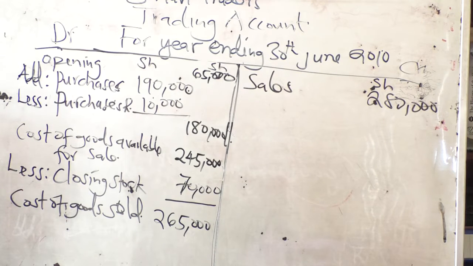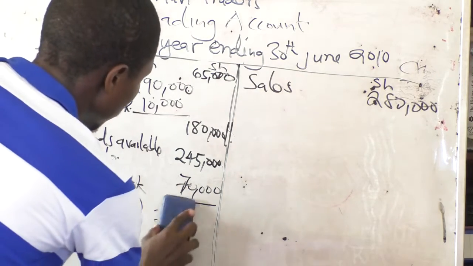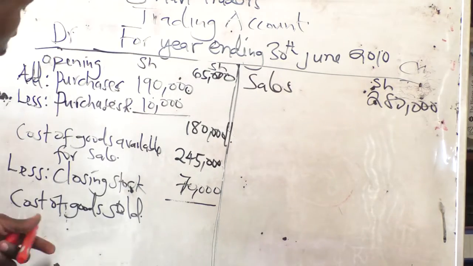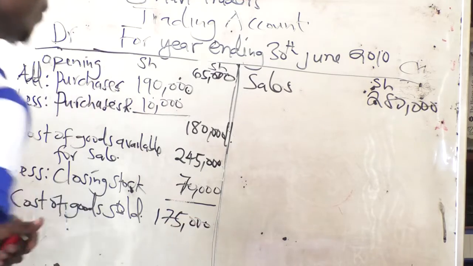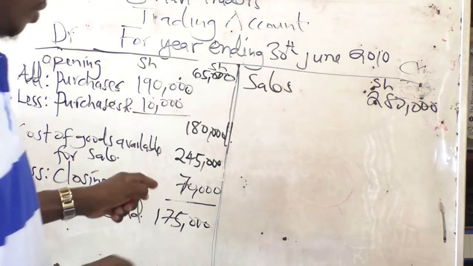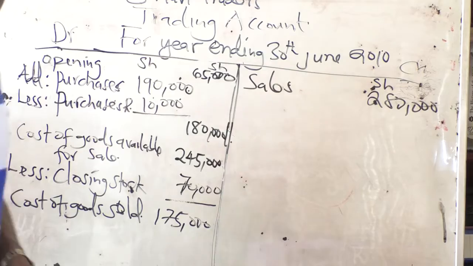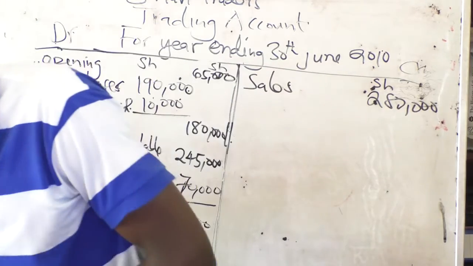Subtract 70,000, 175. 175. Sorry about that, so we are not seeing it. Let's begin now.